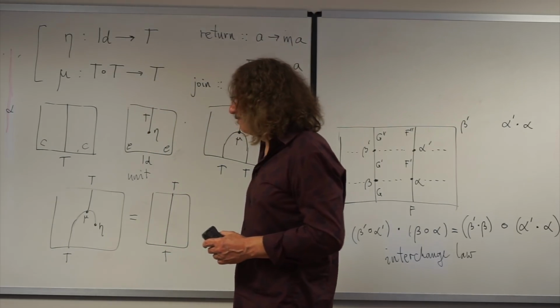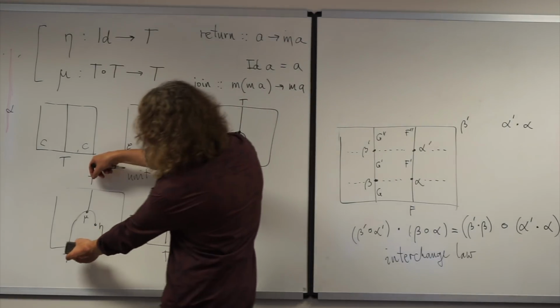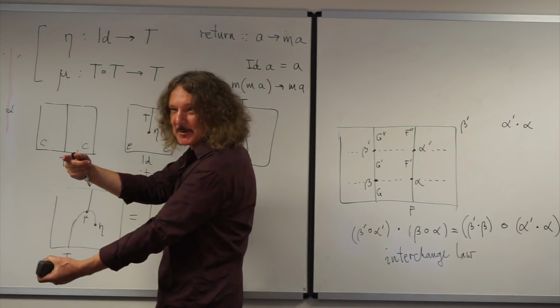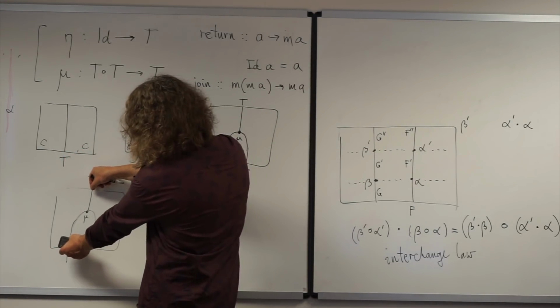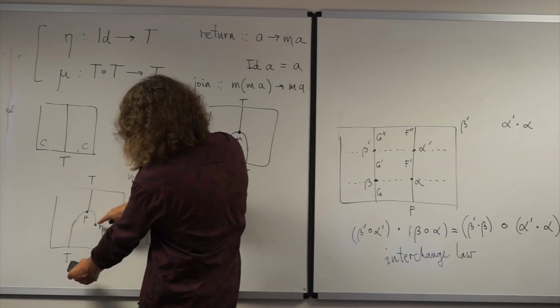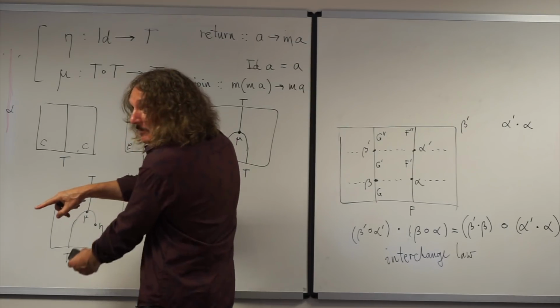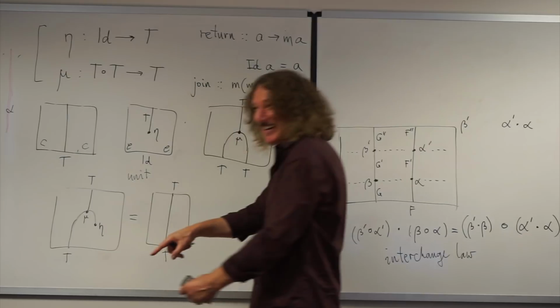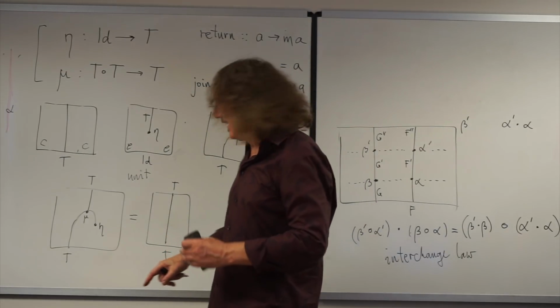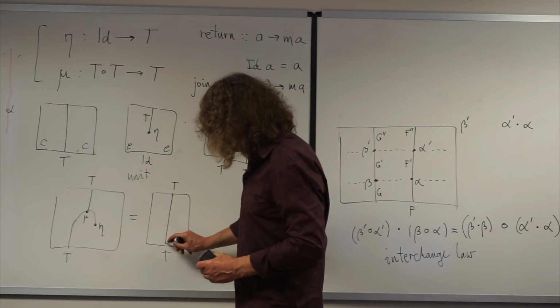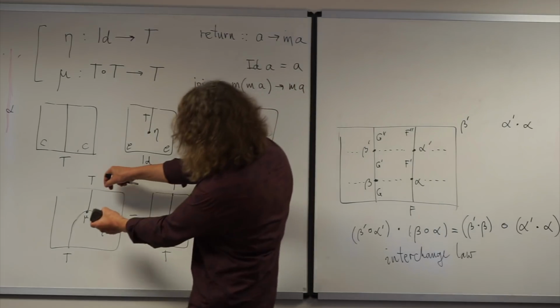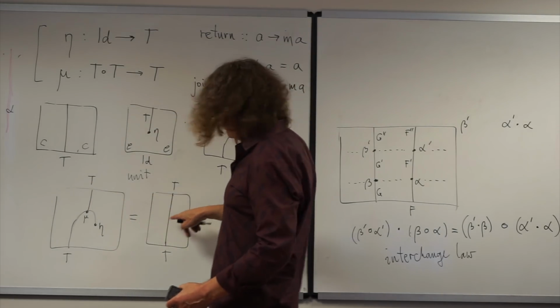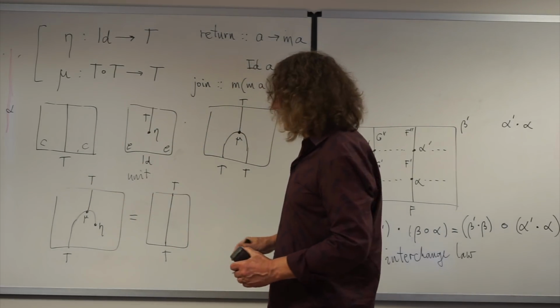Okay? So I can pull these two strings. This is why it's called string diagrams, because you can take these strings, pull them, and this eta will be absorbed. Right? Special sound effect for this. You pull this, and eta is absorbed, and you get this. Right?